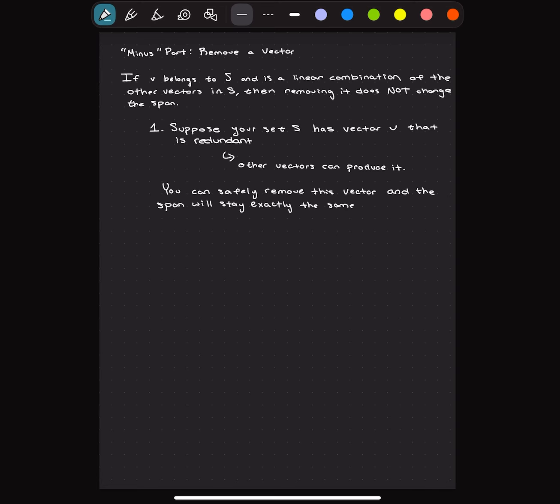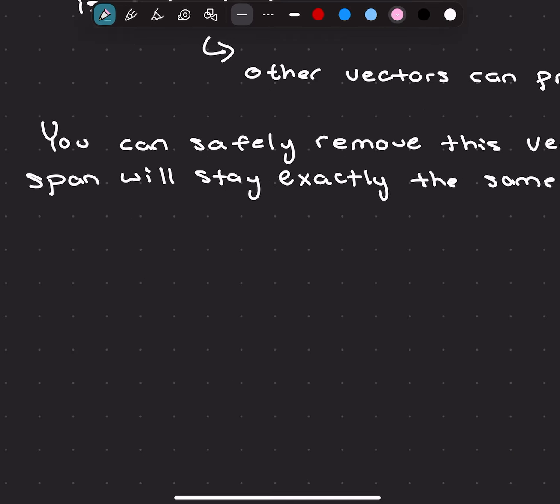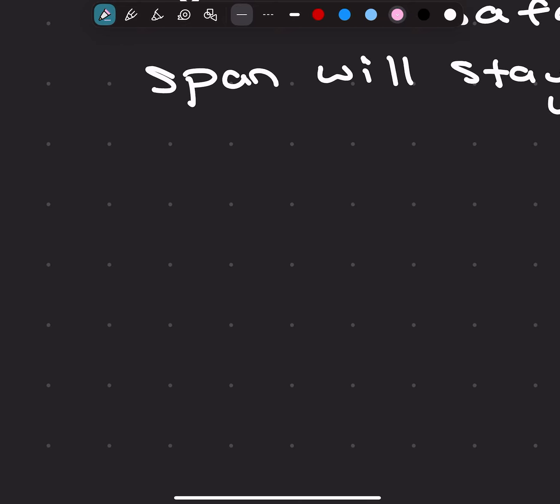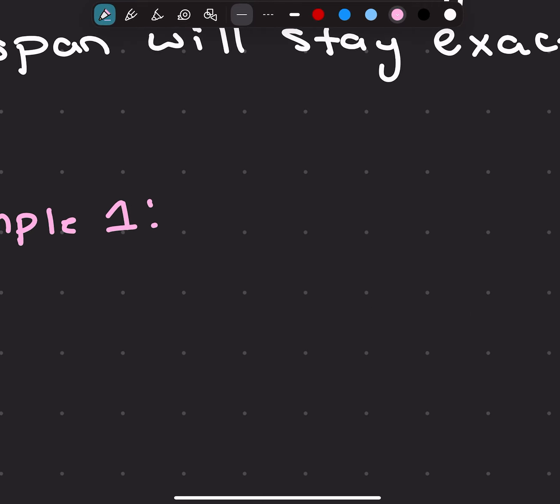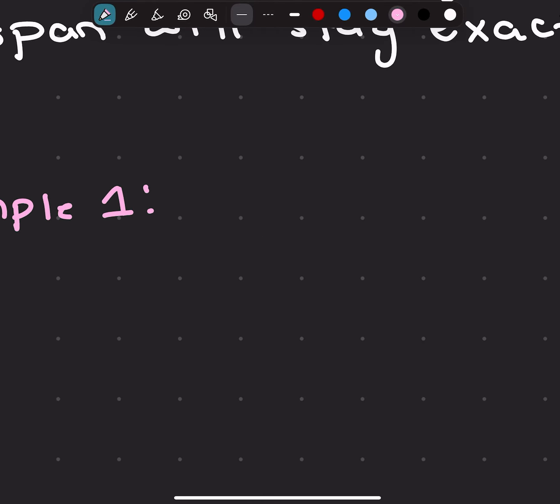Here are some basic examples. We'll call them mini examples to help demonstrate these ideas. This first example, we're going to add a vector.